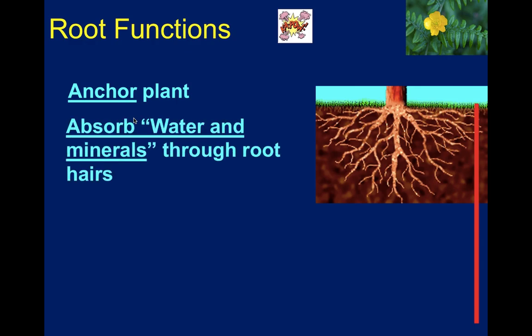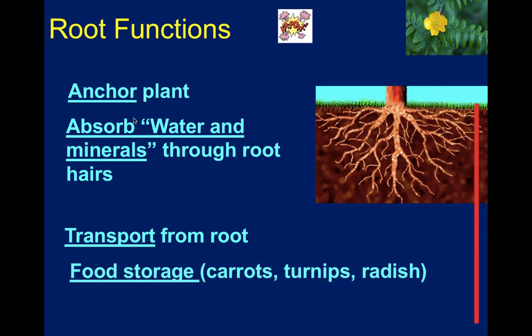At this point, I would say when we talk about roots and we talk about absorption, water and minerals always go together in your head, because it will help answer a couple of different questions. So they do anchorage, they do absorption of water and minerals, they do transport, and they also do food storage. So carrots, turnips, radishes, they are what are called modified roots, and they are in this case modified for food storage.